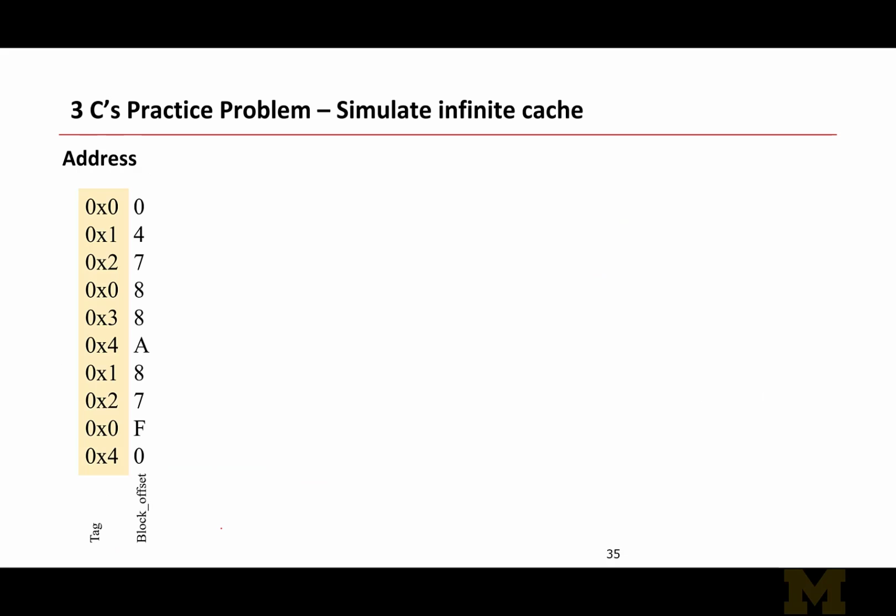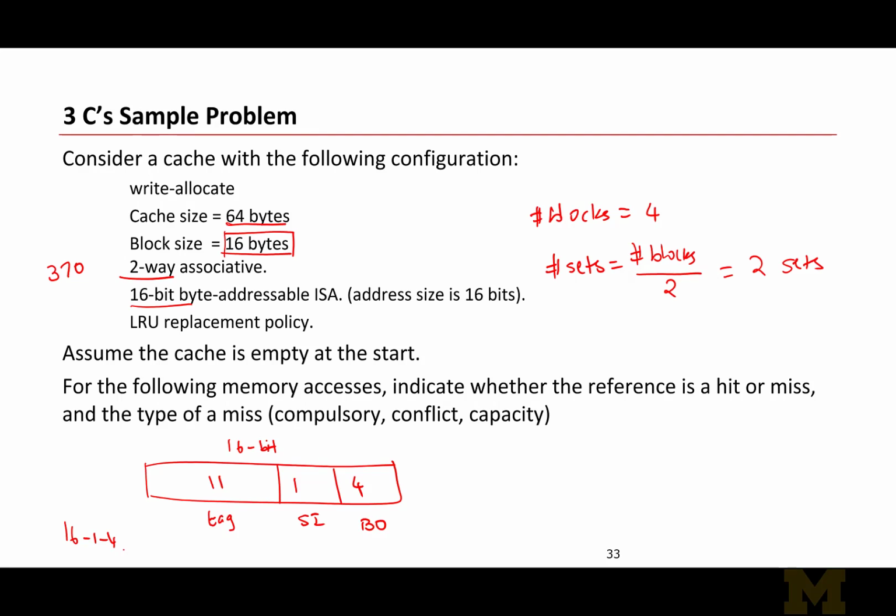So let's start with simulating an infinite cache. Now, in the case of an infinite cache, the only restriction that you derive from the problem statement is the size of your block offset. So the block offset or the block size does not change across any of your 3 caches. So the block offset size was 4 bits.